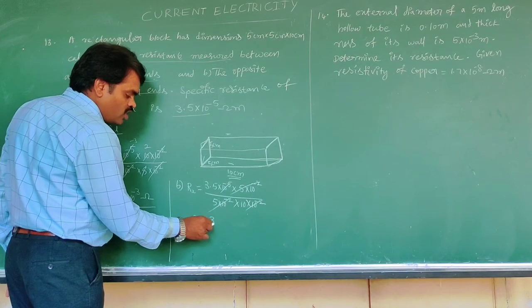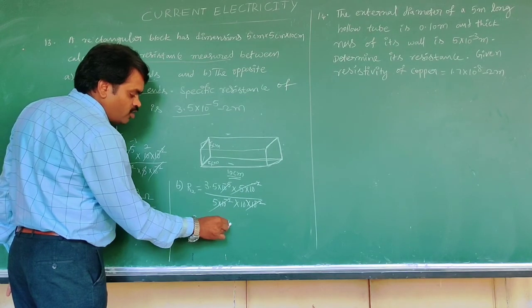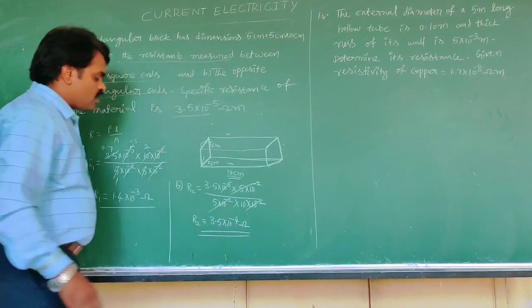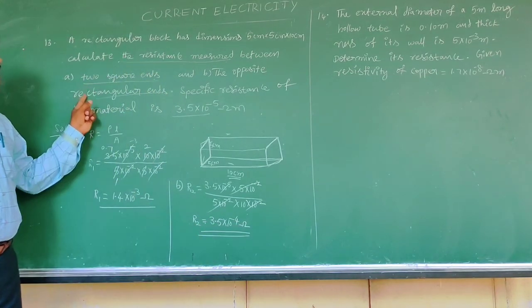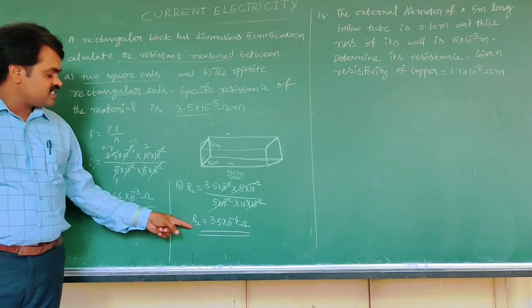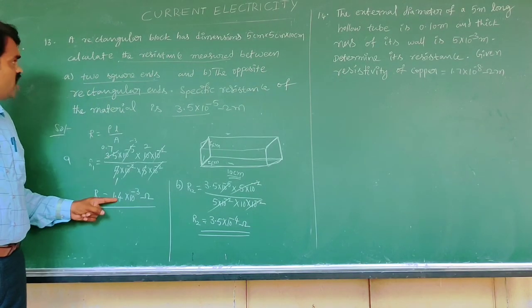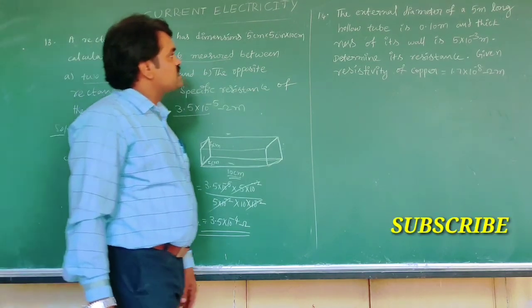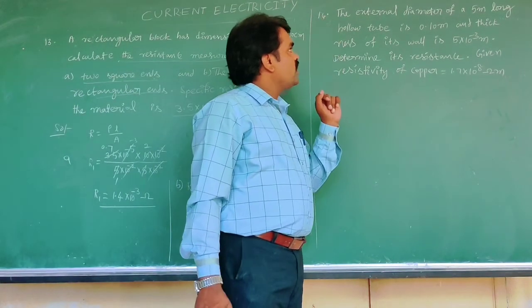R2 is equal to 3.5 into 10 to the power of minus 4 ohms. This is the resistance for the opposite rectangular ends, and the other is for the two square ends. Now going to discuss the 14th one.